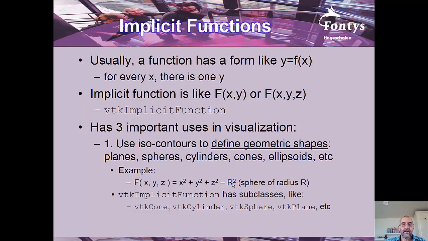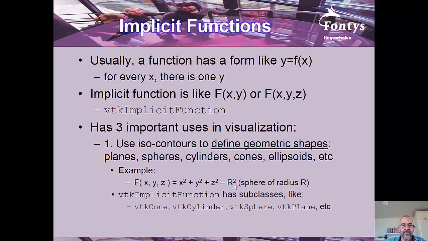So this does define a sphere if we say, well, we are interested in all the points where this function is 0. Then we have a sphere. We can also say, I want to see all the points where this function is 1. It's also a sphere which is a little bit bigger. Or we are interested in all the points where this function is minus 1. That's a little bit smaller sphere.